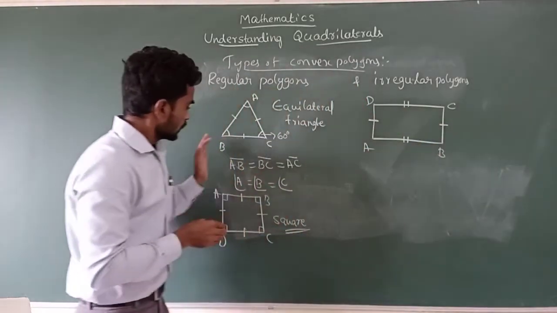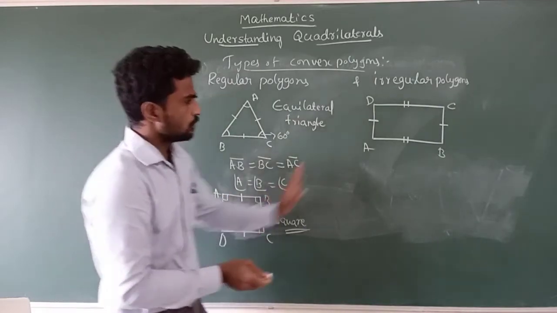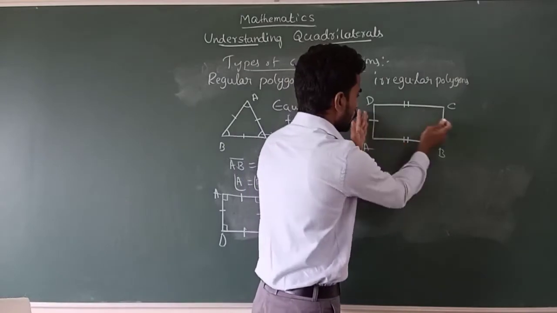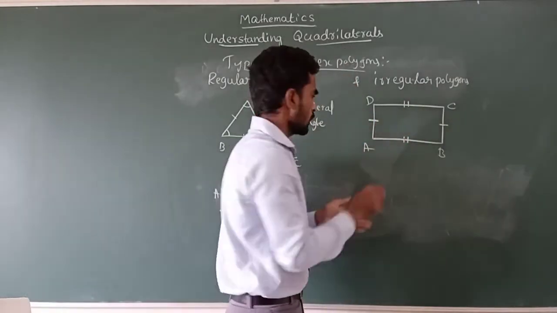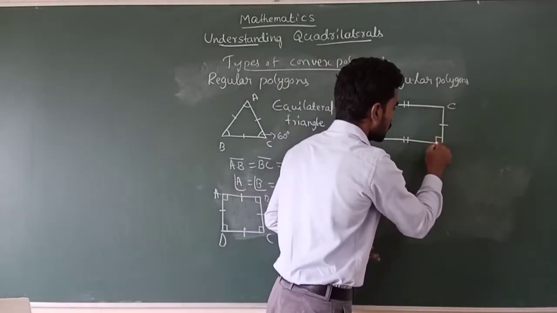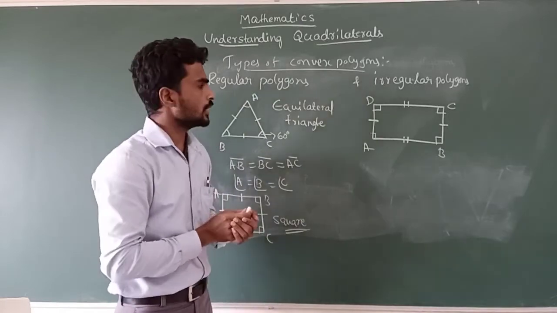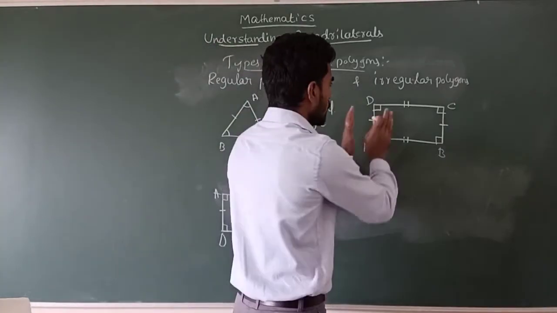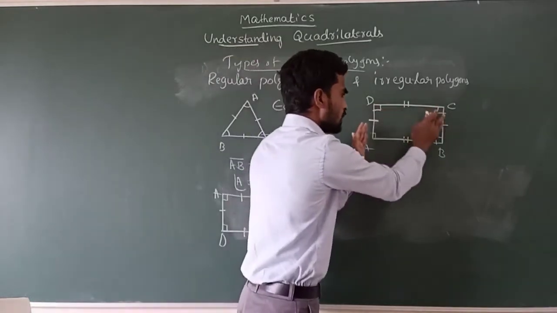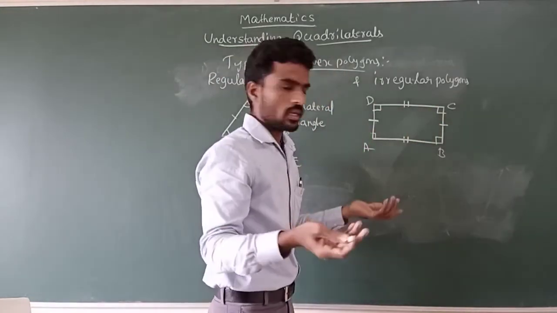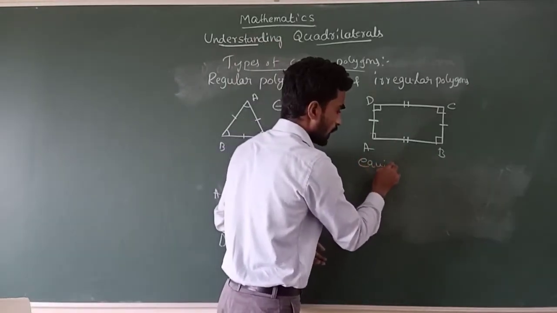Just observe, in this square all four sides are equal, but here only the opposite two sides are equal, and these opposite two sides are equal, but all angles are equal to 90 degrees. But it is an irregular polygon. All angles being equal means equiangular.